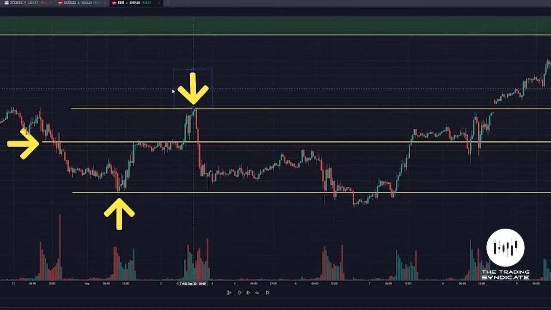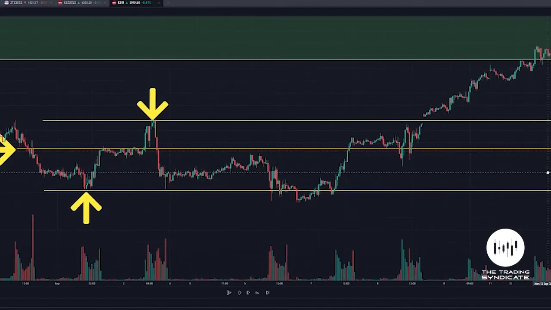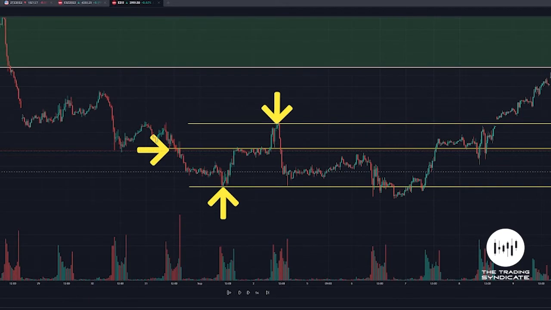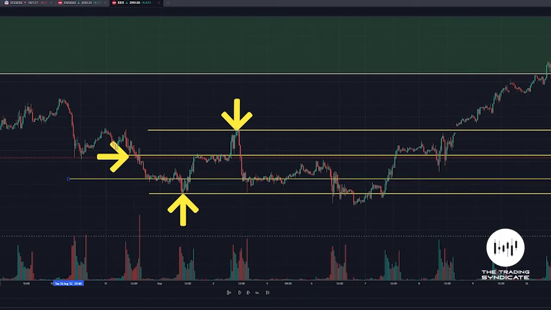This will now be the boundary of our range, wherein this 100 points of price action will be where institutional traders, for example, will be building their position. And from the looks of it, you may already be able to tell that somewhere around here is where they're really having a good time creating their cost basis for this position.